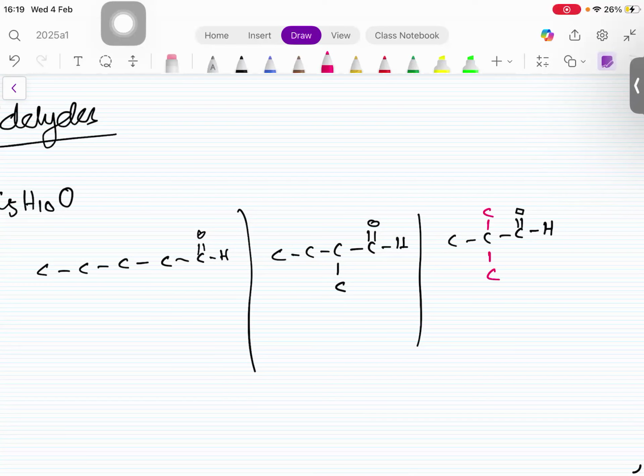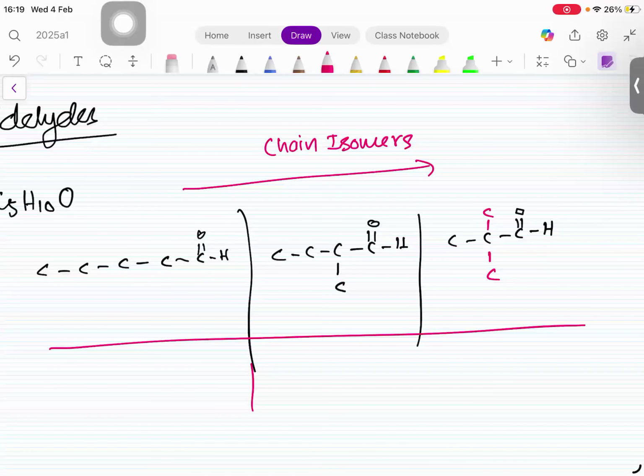4 and 5. 3 chain isomers. There are 3 chain isomers. Then, as we said, in aldehydes, we cannot change the position of the functional group.